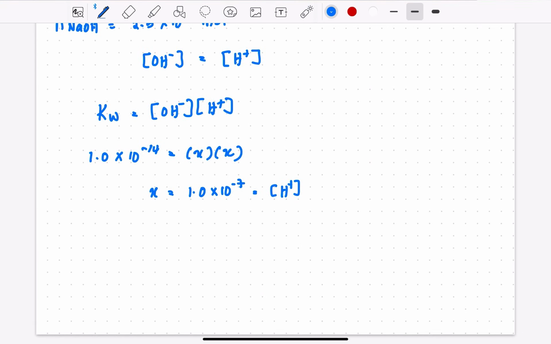Now, we can calculate the pH, which is -log[H+], -log 1 × 10^-7, and we are going to get 7.0.